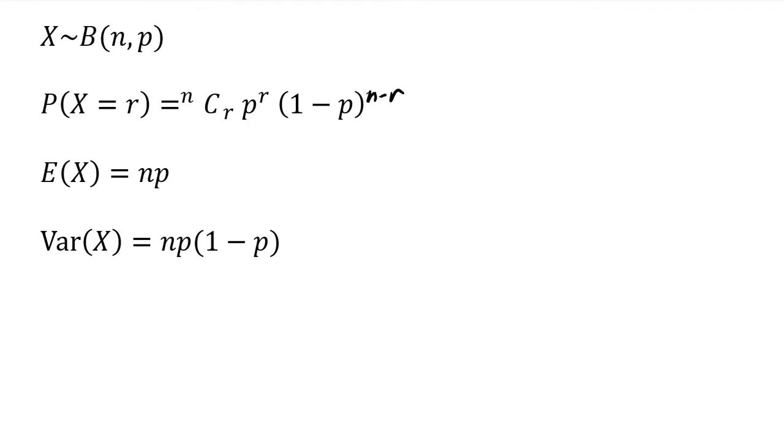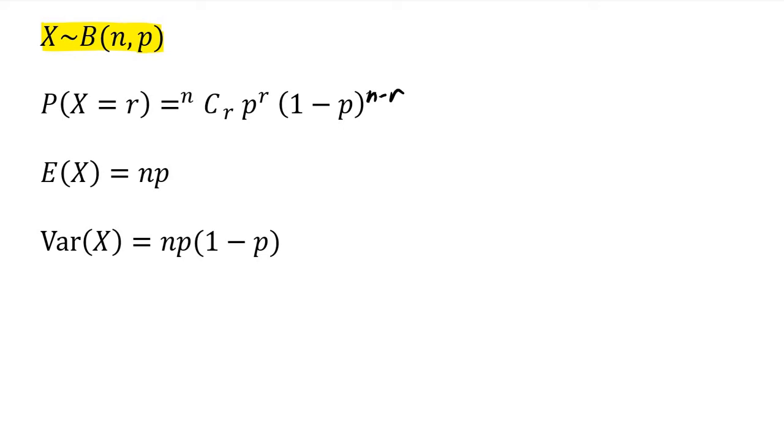Just to summarize this, the way we can express that something is binomially distributed is using this notation, which simply means x is binomially distributed with n trials and a probability of success p.